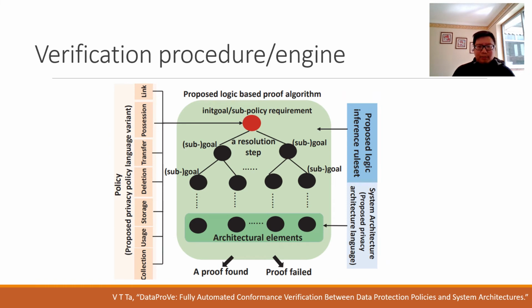In the verification process, the policy and sub-policy on the left side are mapped to logical goals to be proven, while the architecture actions on the right side are mapped to logical facts with which we attempt to prove the goal with the use of the inference rules. The proof process can be modeled by a derivation tree, which either finds a proof or not.